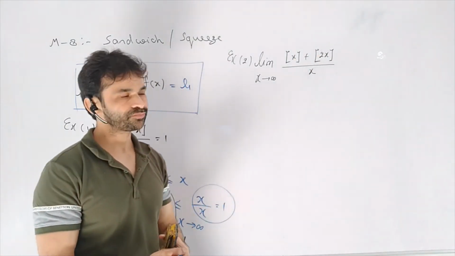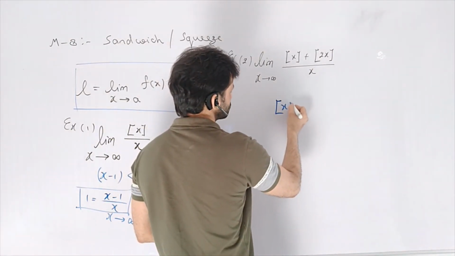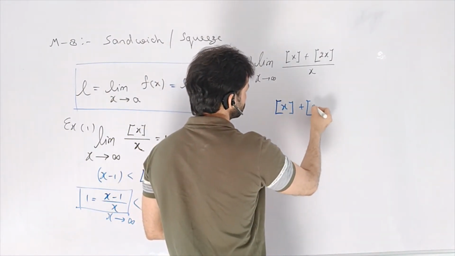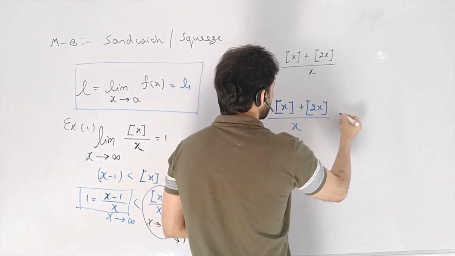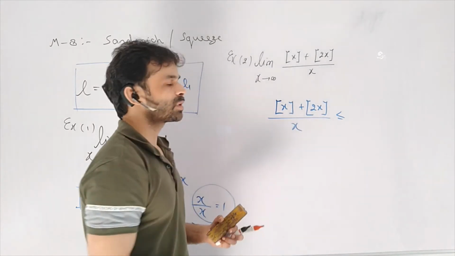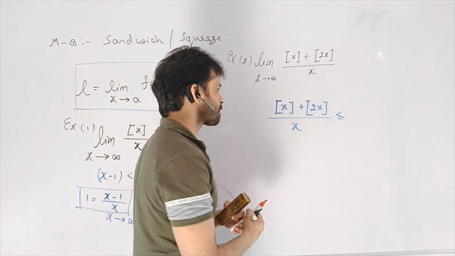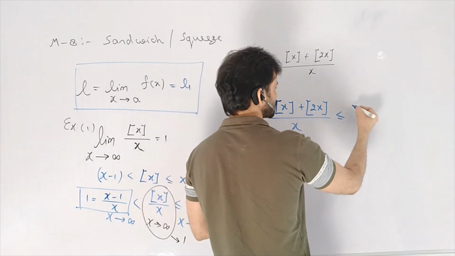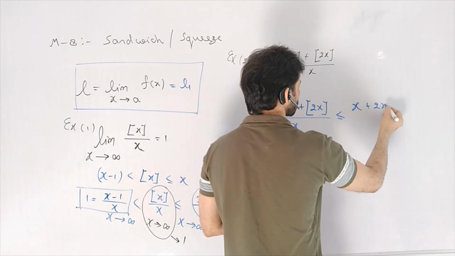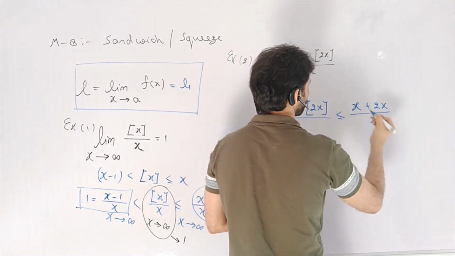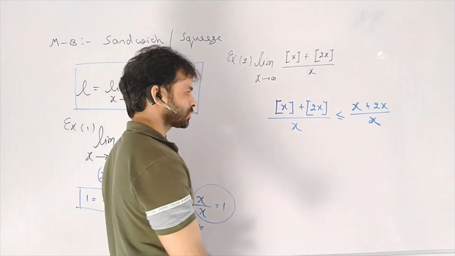So we have this function. We'll take one bigger function: this will be less than or equal to x, this will be less than or equal to 2x. So this is the bigger function.